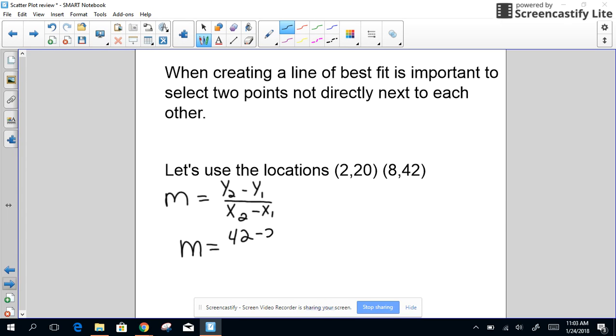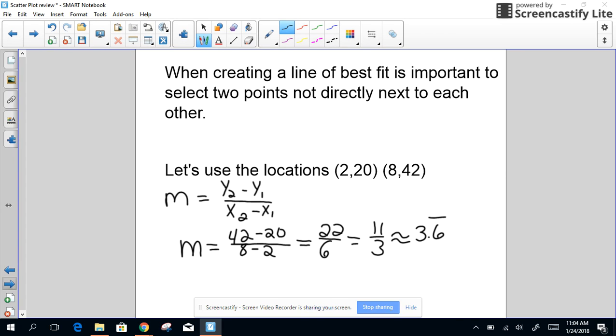I will subtract 20, and then I would take 8, subtract 2. Subtracting, I would get 22 over 6, which is equal to 11 thirds, which roughly, as a decimal, will be 3.6 repeating. That's step 1. I've now found my slope.